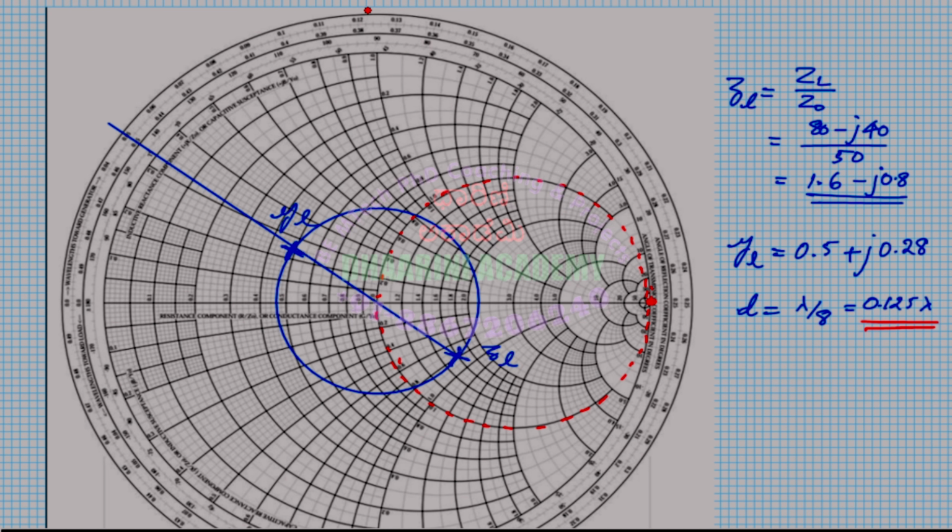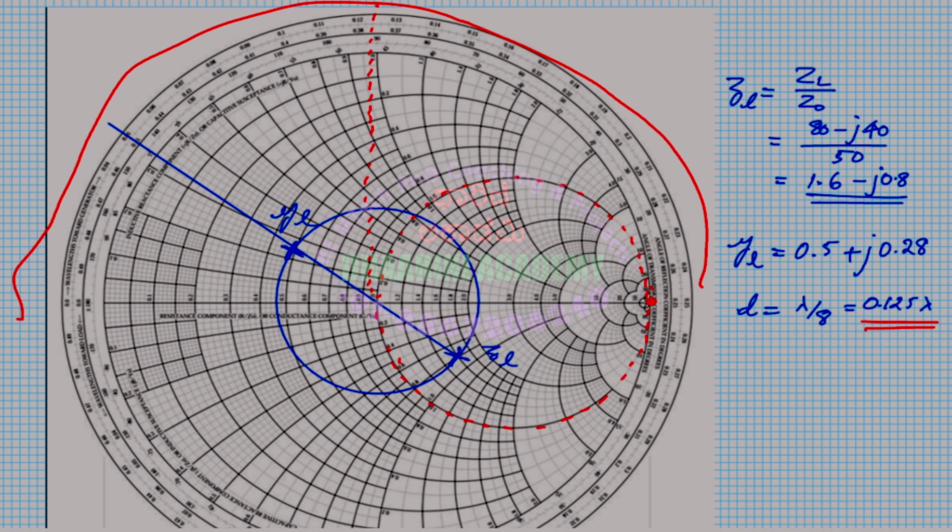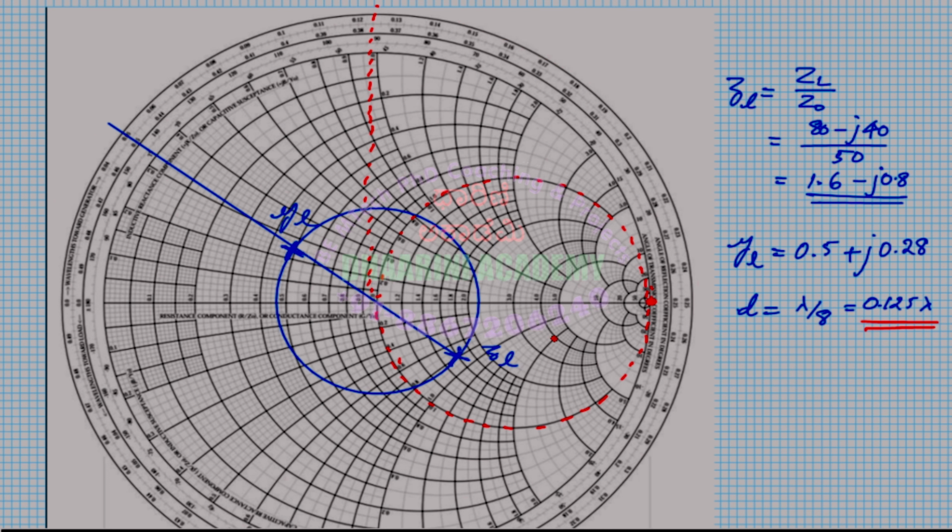It actually comes to the actual 0.125 itself if you are looking at the outermost circle, correct? Distance I want to cover is 0.125. So total is how much? Total is 0.25, correct? Half circle is 0.25, right? I'll repeat. Now the complete circle, if you rotate, what is the distance that you are covering? It's 0.5 lambda, isn't it?